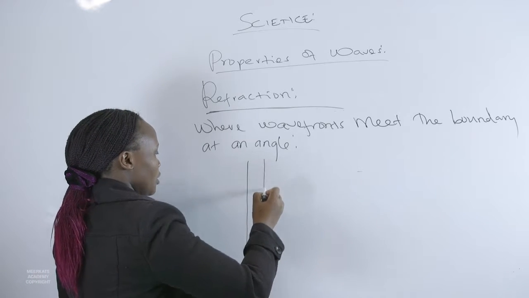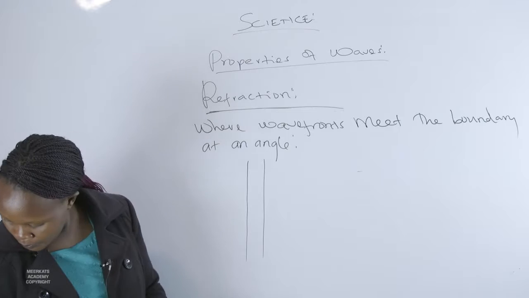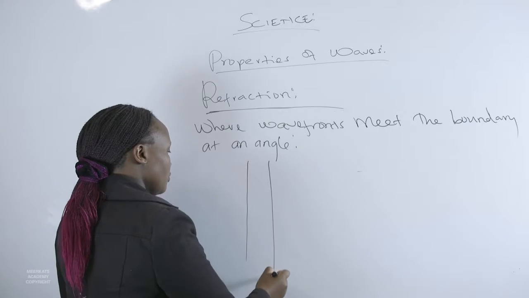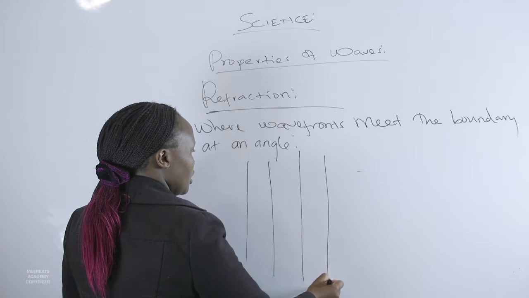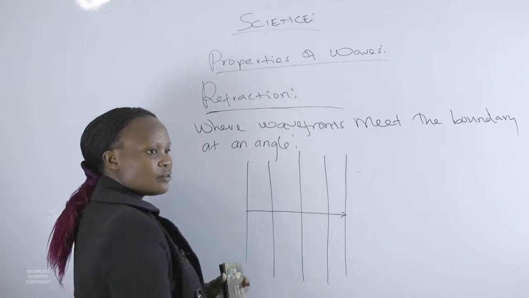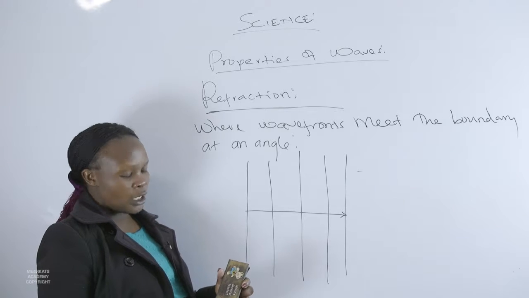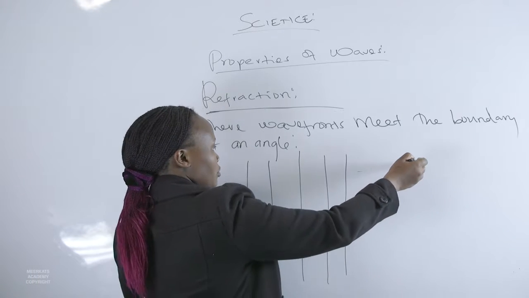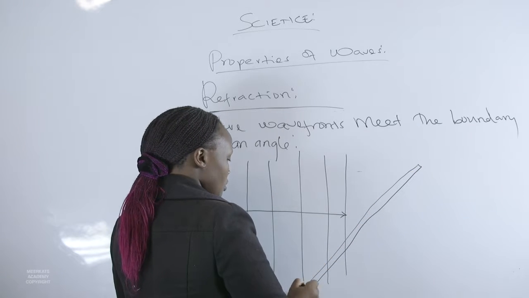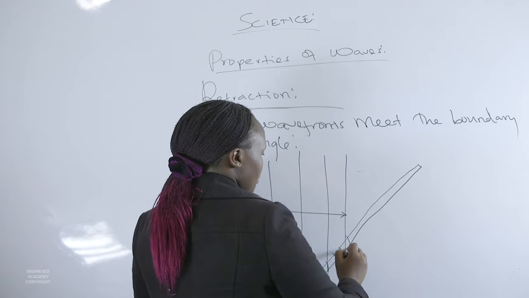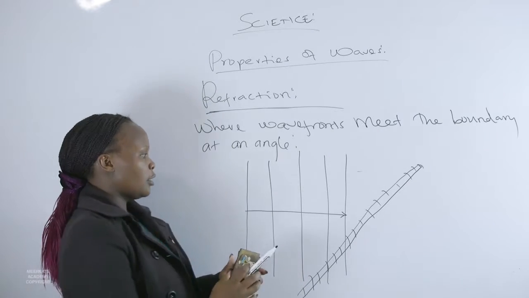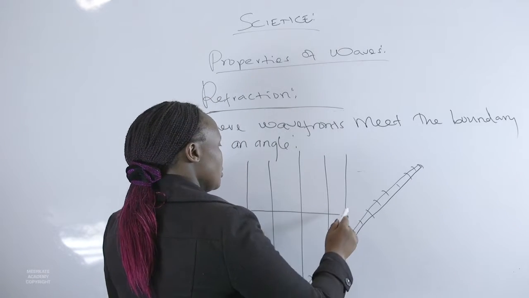We have our wavefronts, and the direction of motion of the wave is in that direction. Then we could have our boundary at an angle to the wavefronts. That is our boundary at an angle to the wavefronts.